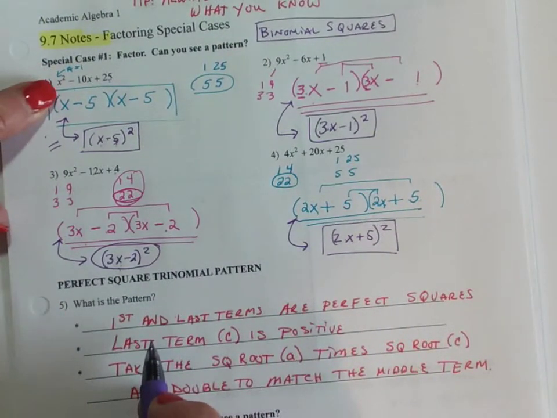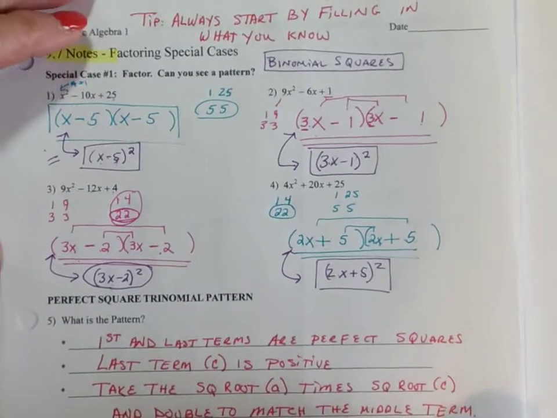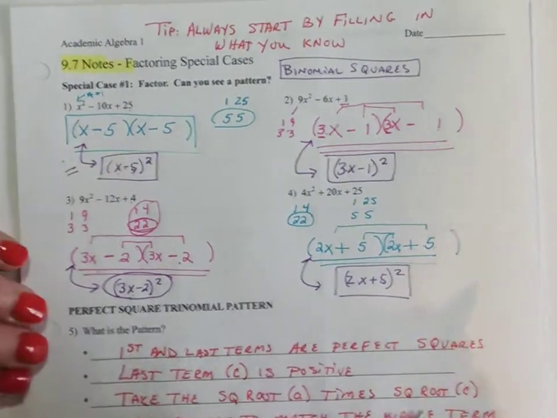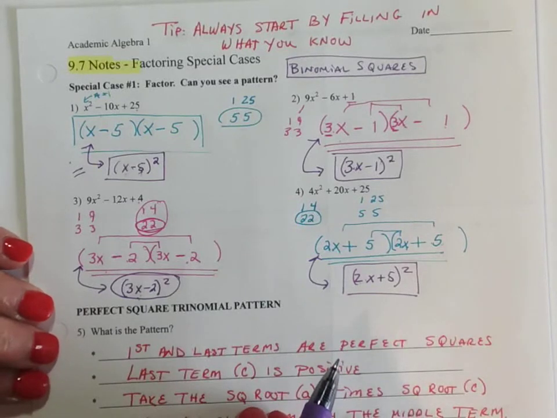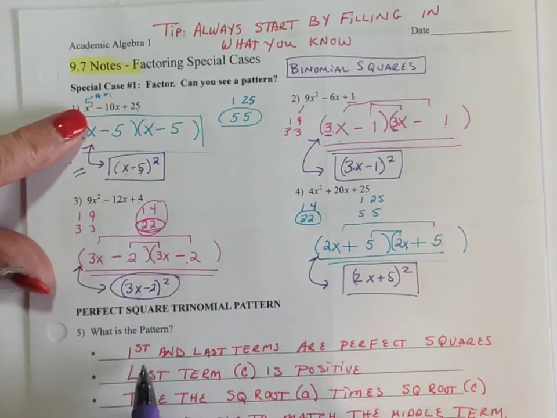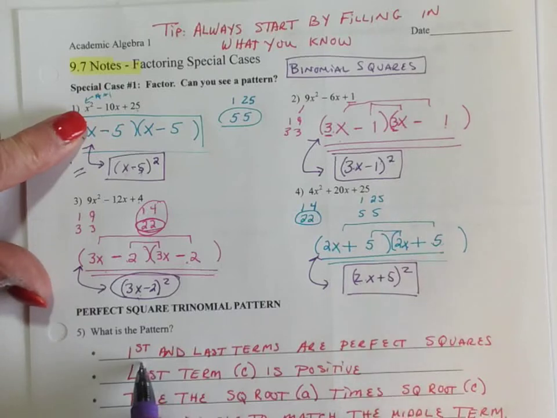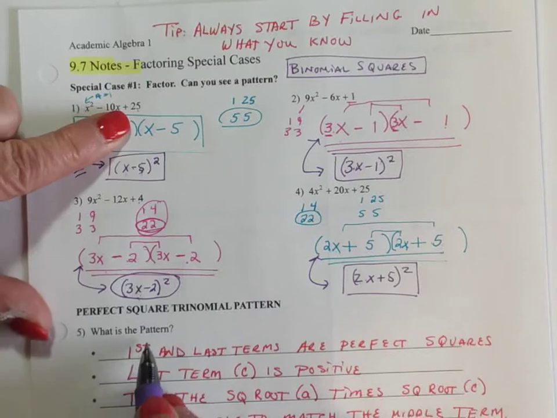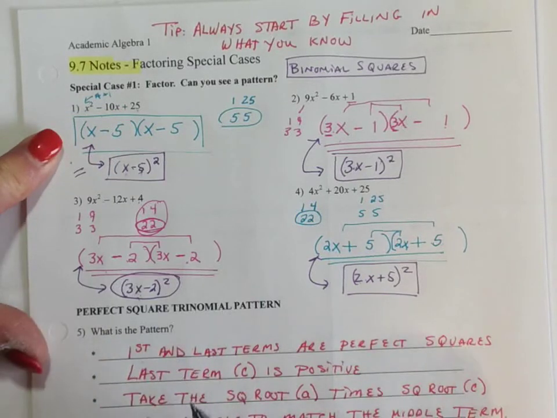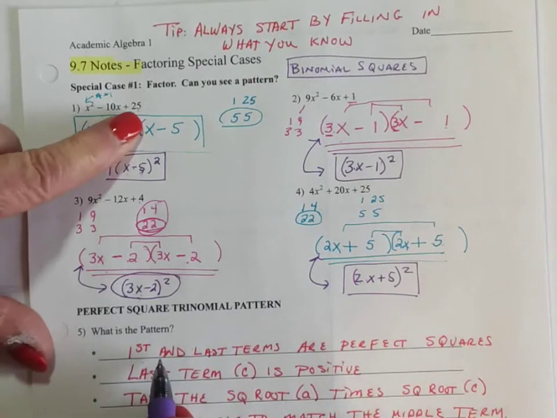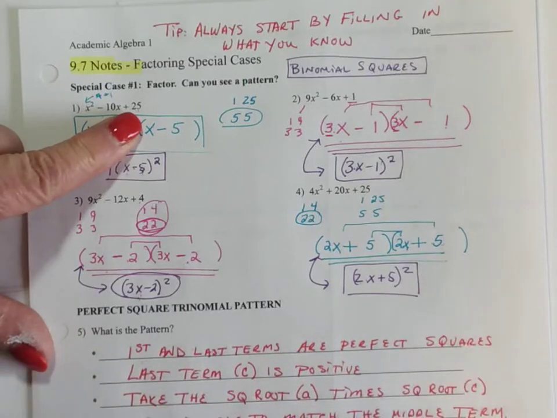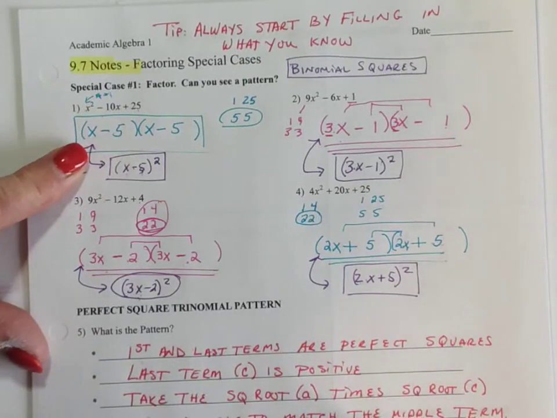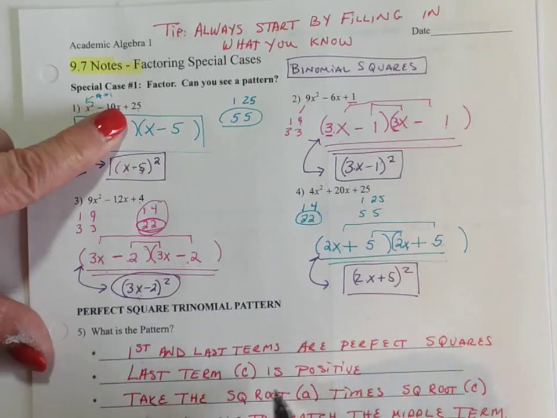First thing you want to do, whenever you look at one of these quadratic trinomials, is ask: is the first term a perfect square? Is the last term a perfect square? To be in this pattern, the first and the last terms are perfect squares. The last term always has to be positive.